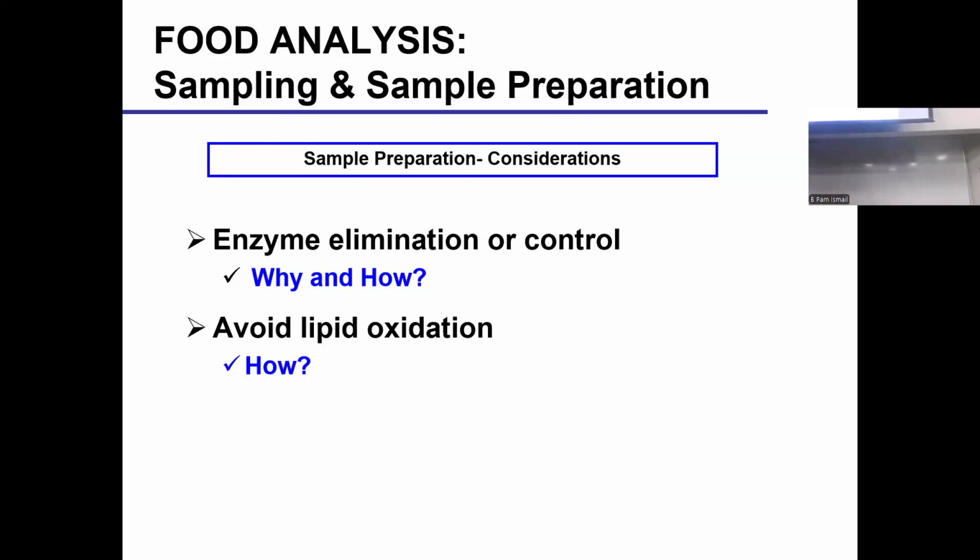So you flush it with nitrogen, so nitrogen replaces the air that has oxygen, and you close. And you want to make sure you use containers that are not permeable to light. So avoid air, avoid light, avoid heat. Sometimes you add antioxidants as well if it's really important for the evaluation that you're making.